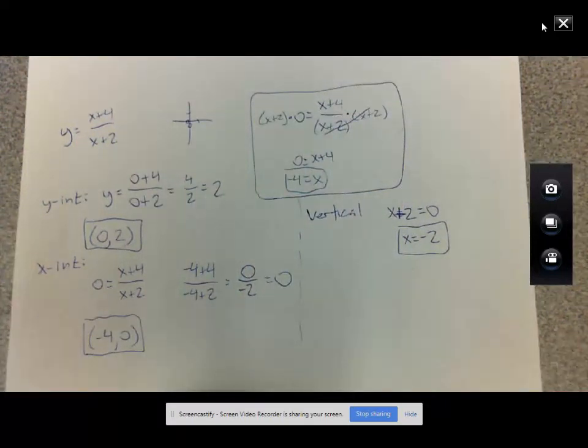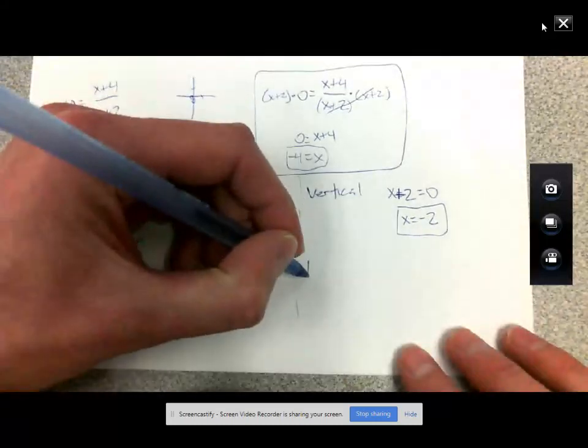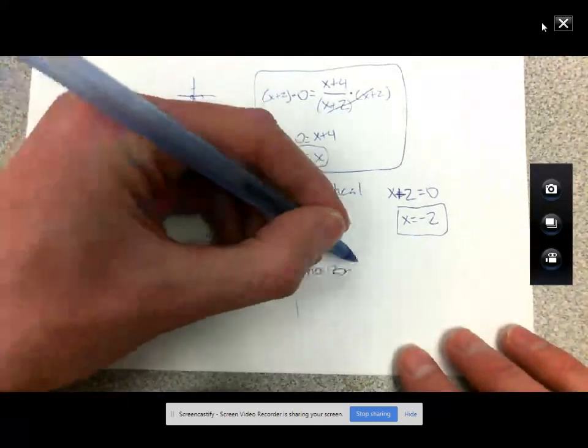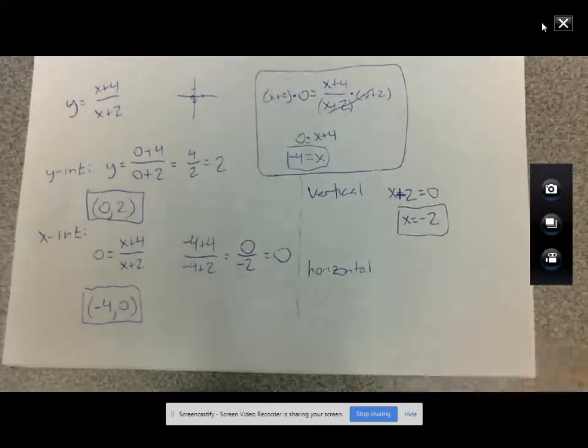The vertical asymptote is always written as an equation, x equals something, and that gives us a vertical line on the graph. The horizontal asymptote will be y equals something. That's going to be our going-across asymptote, zero slope for that. And we had two rules that were in the notes.